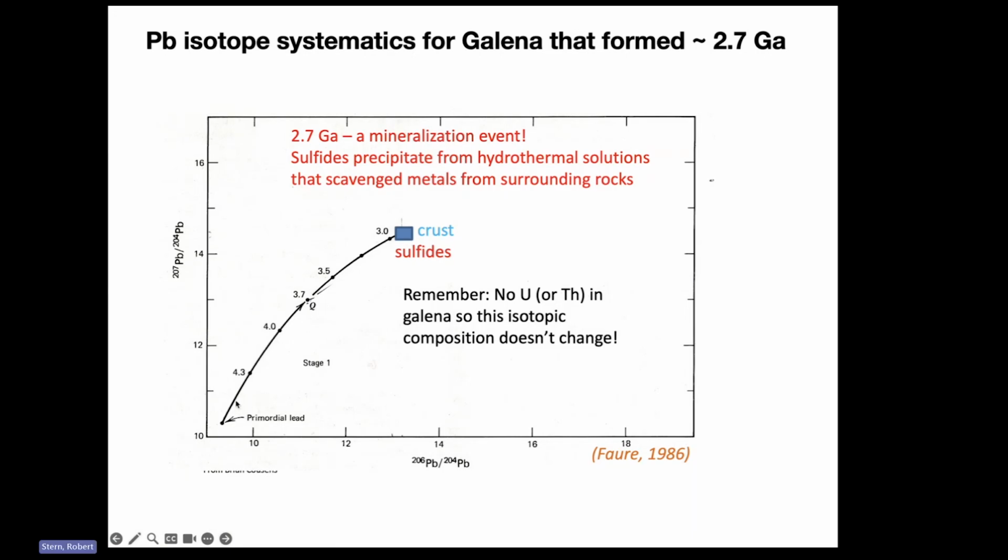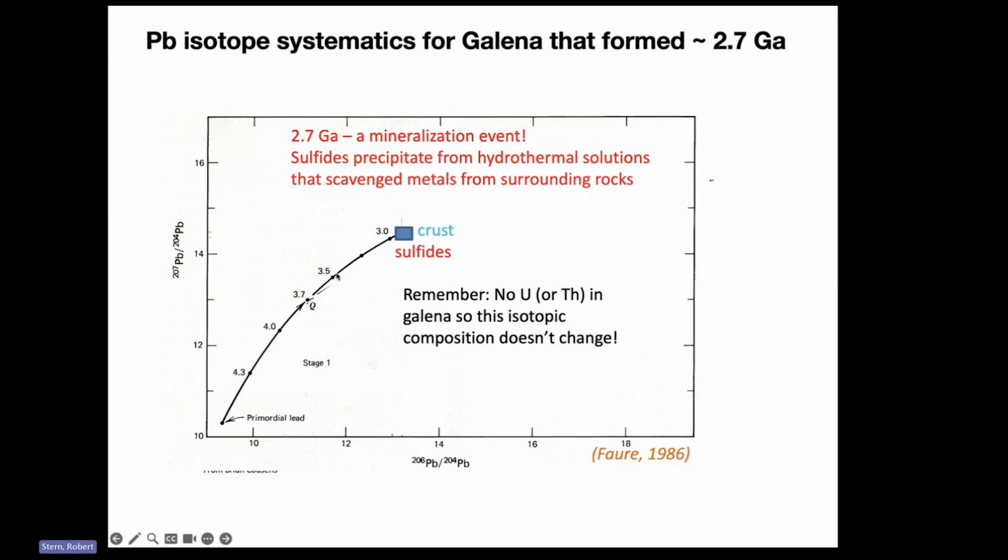So the lead isotopic composition of the bulk Earth would have increased because uranium-235 is decaying to lead, and uranium-238 is decaying to lead-206. So with time, the Earth's mantle is going to evolve like this.